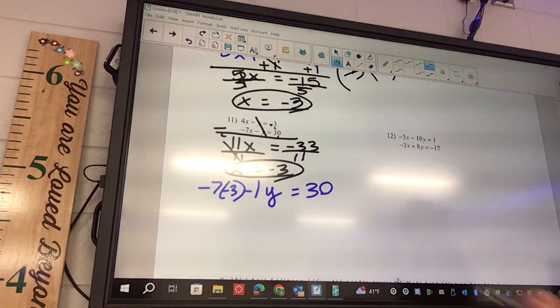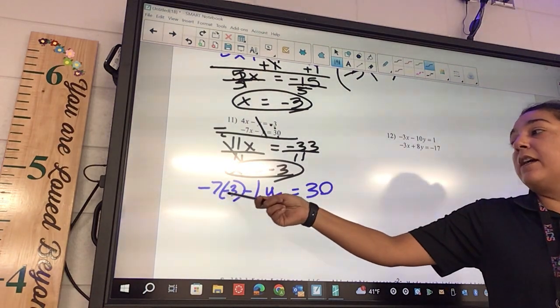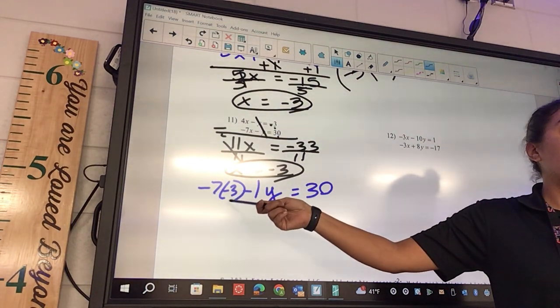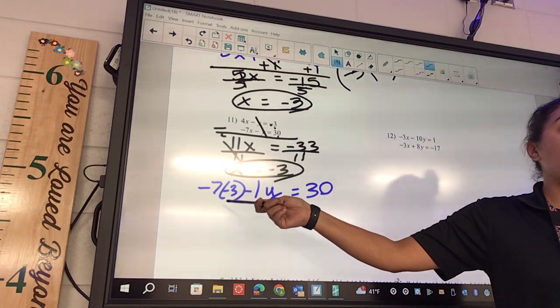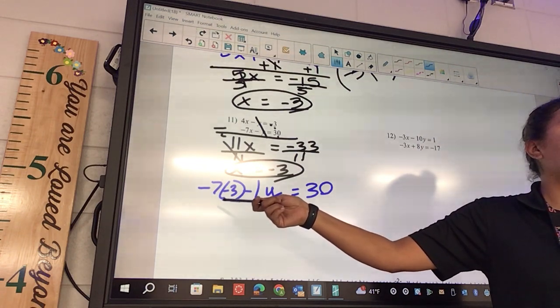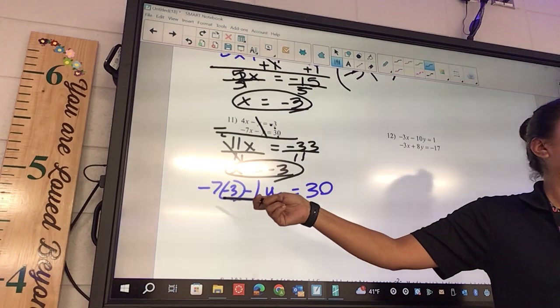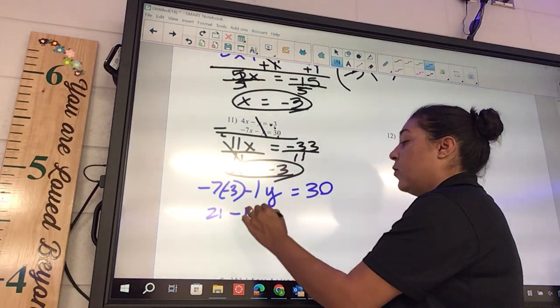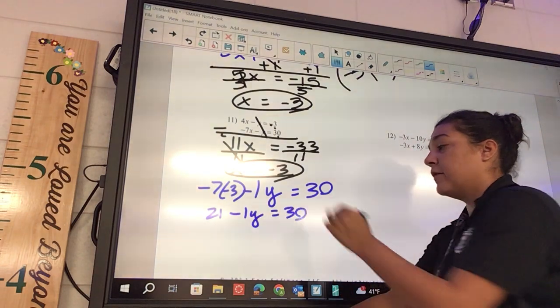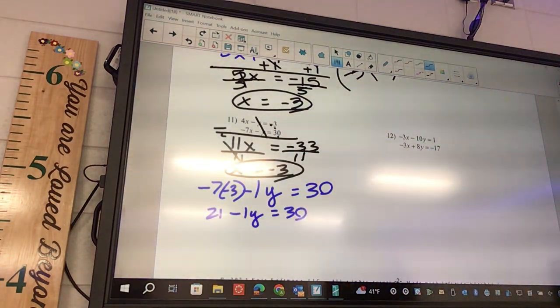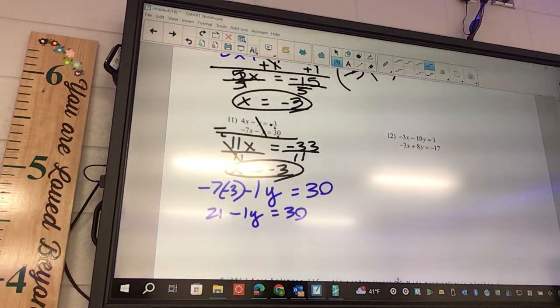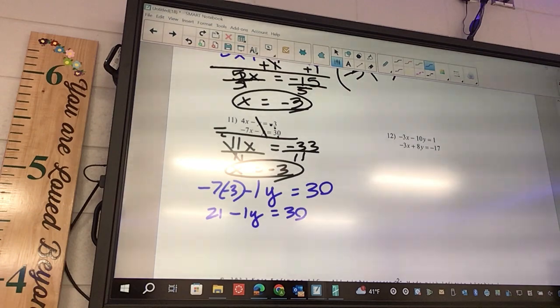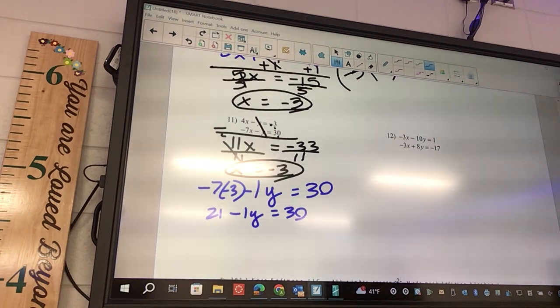Okay, and so we get stuck doing this first. What is negative 7 times negative 3? Use your calculator. 21. So I get 21 minus 1y equals 30. Okay, then what needs done? Try again. Subtract 21.